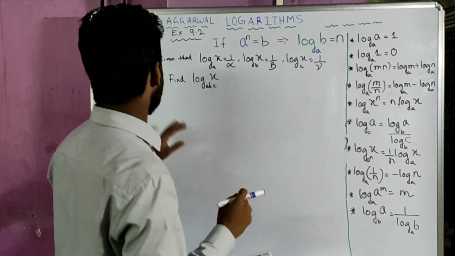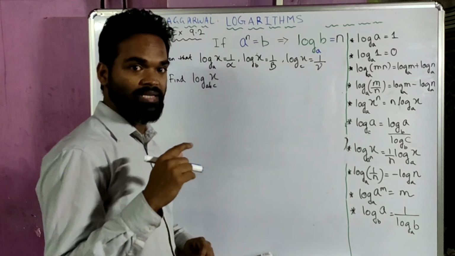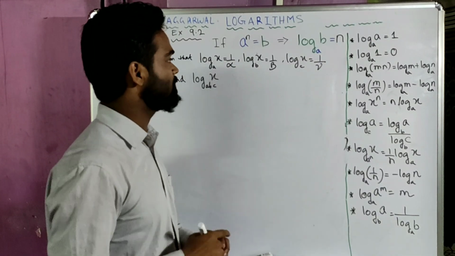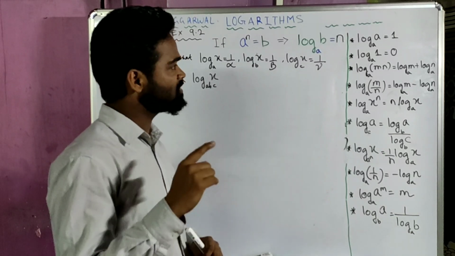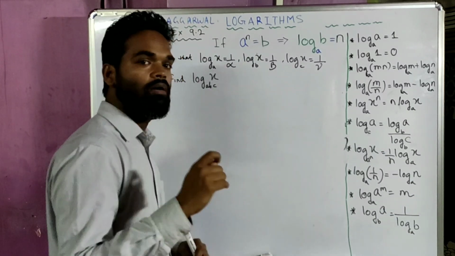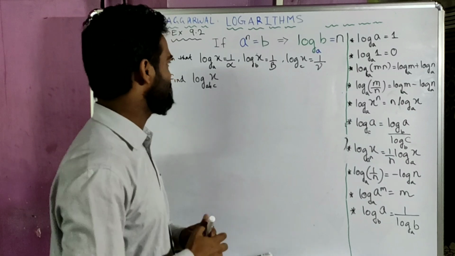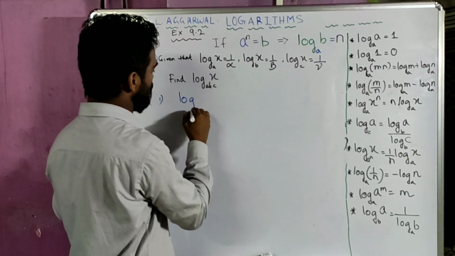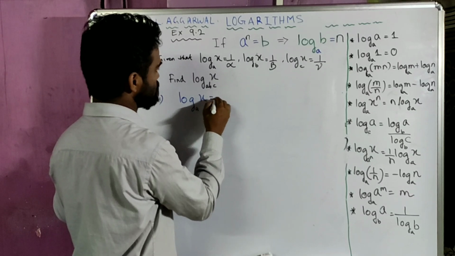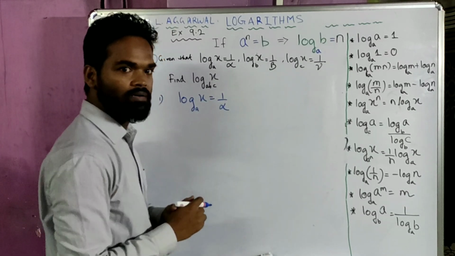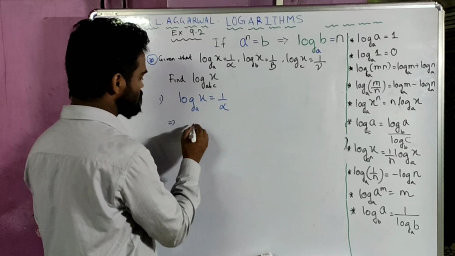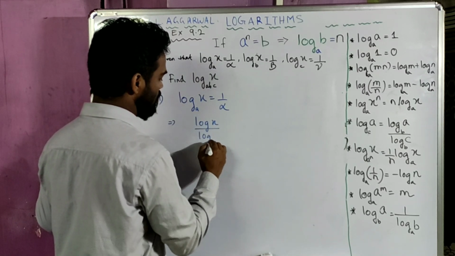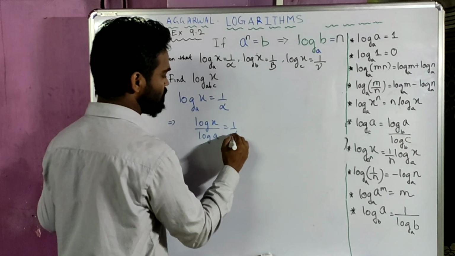We look at sum number 30. Given that log x base a is 1 by alpha, log x base b is 1 by beta, log x base c is 1 by gamma. You need to find log of x with the base abc. No worries. First see. Given log x base a equals 1 by alpha. Now by base changing rule, can I write log x by log a equals 1 by alpha?